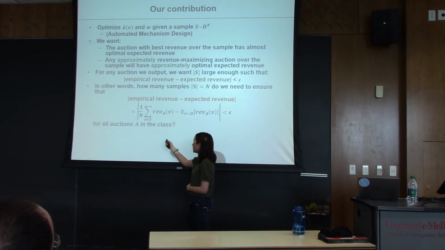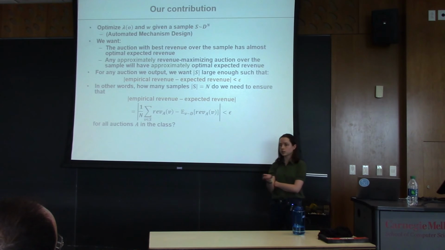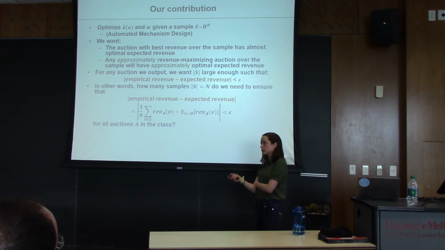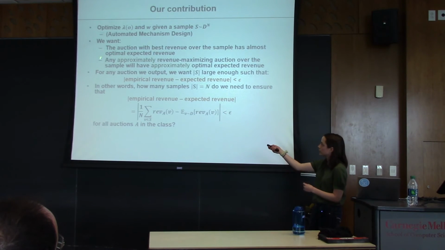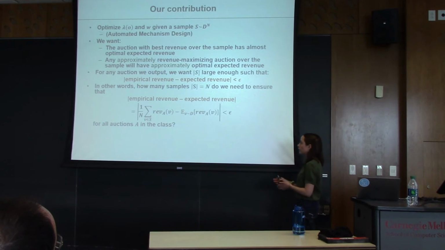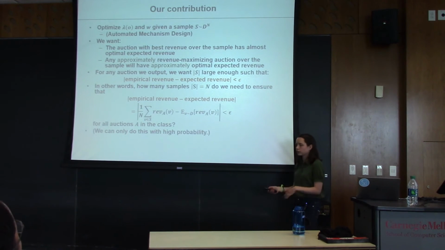How big does S have to be to ensure this empirical revenue is close to expected revenue for all auctions in the class? If we can guarantee this for all auctions in the class, this is known as uniform convergence in learning theory, and then we can get these bullet points. And I'm leaving out a couple of things, like for example, we can only do this with high probability.